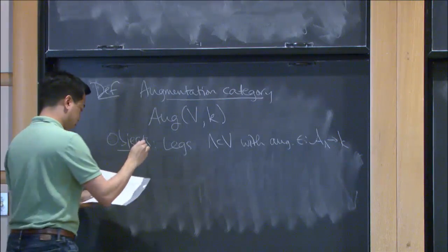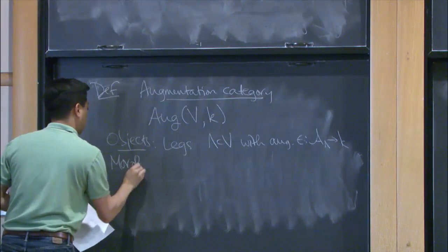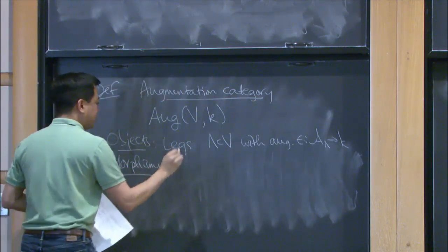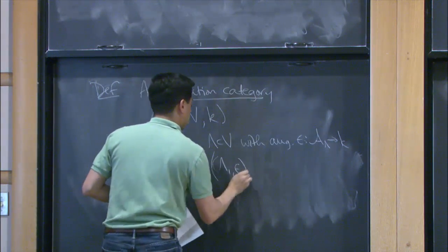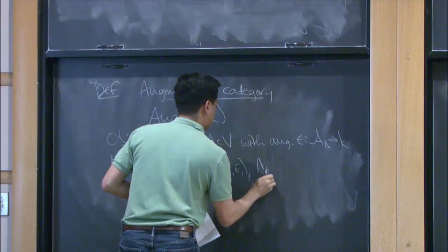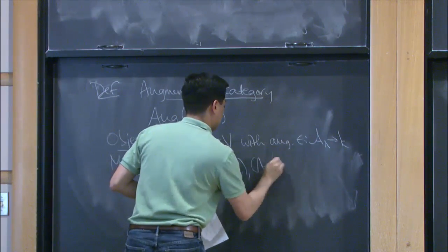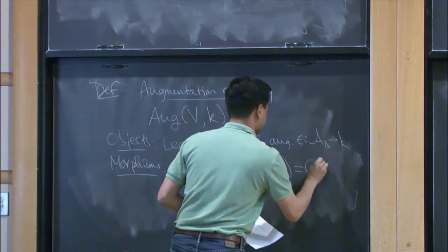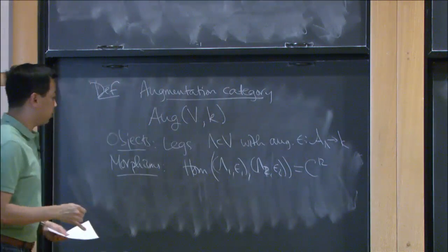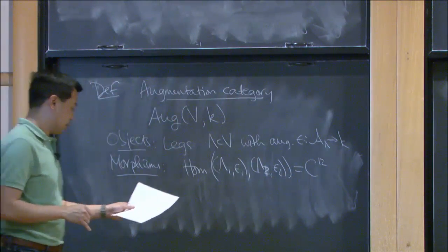And the morphisms: if I have two objects, I'm supposed to find a morphism space between them. And this is exactly this C12 space that I've written before. So this is just some vector space.